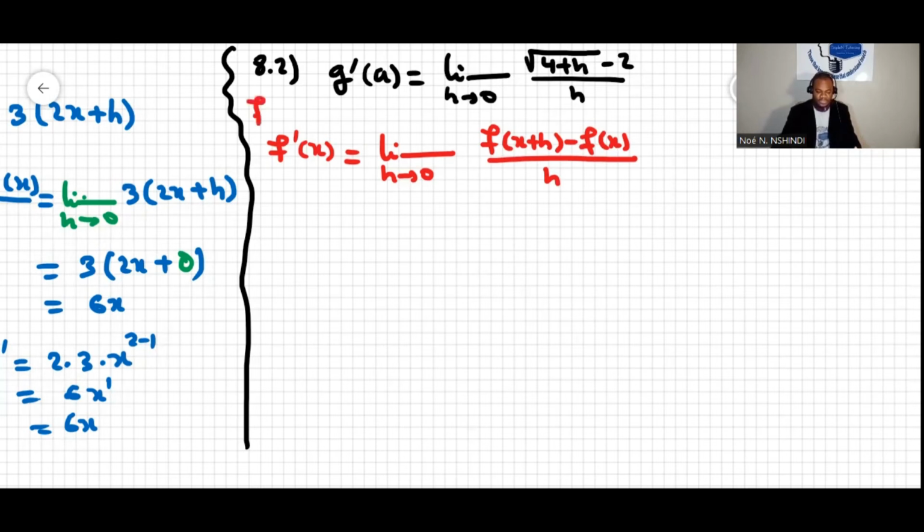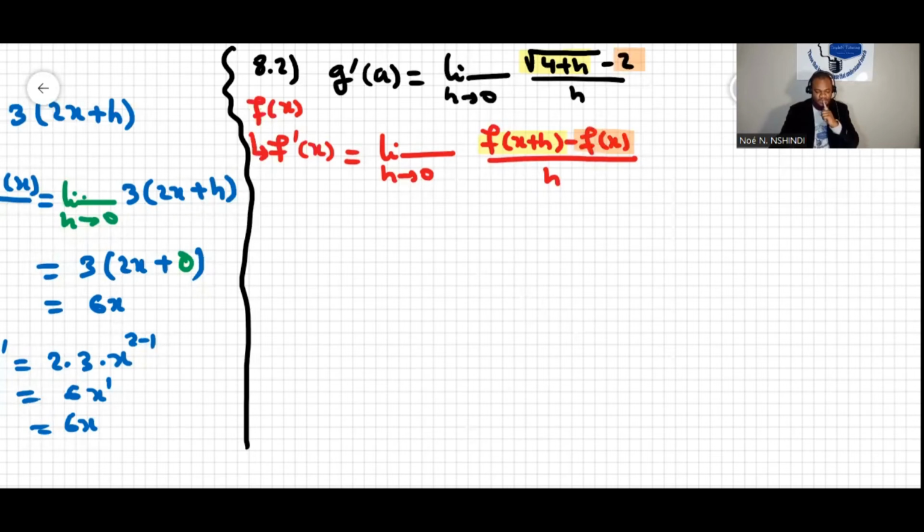So f of x was there, and then to find the derivative of f of x, we got this answer. Now, we have a similar case over here. So I can see that square root of 4 plus h here is my f of x plus h, and then that 2 here is just my f of x.